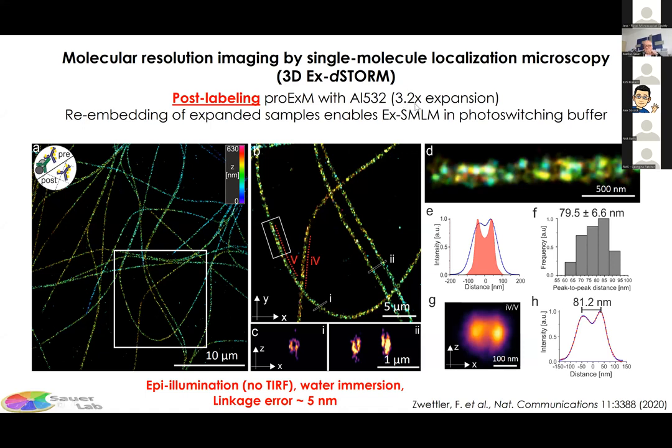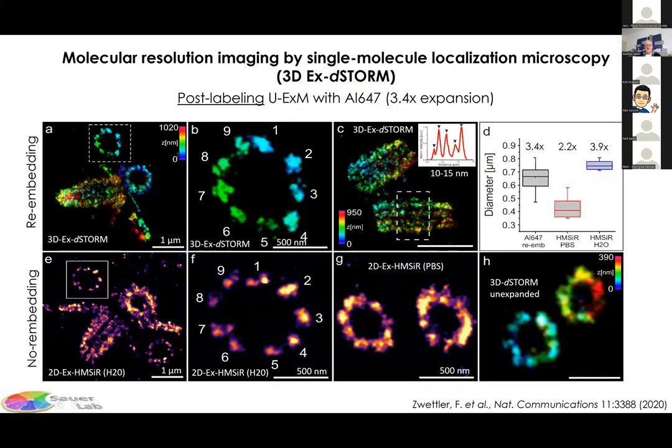And using epi-illumination, because we cannot use TIRF here, we are in a hydrogel somewhere in the middle at a height of 10 to 20 micrometers, and a water immersion lens, we can achieve imaging of microtubules as hollow structures, which demonstrates the potential of this technology to achieve high, almost molecular resolution.